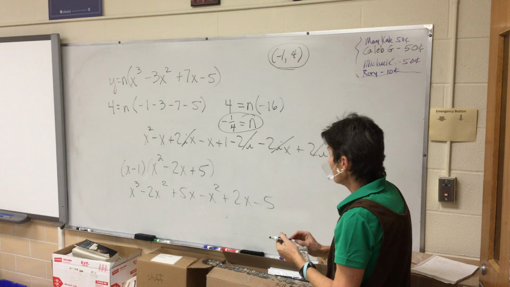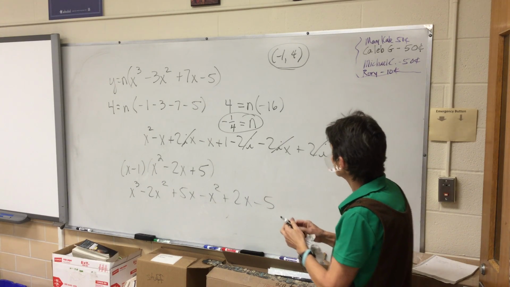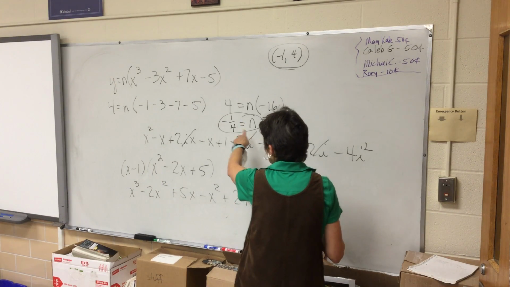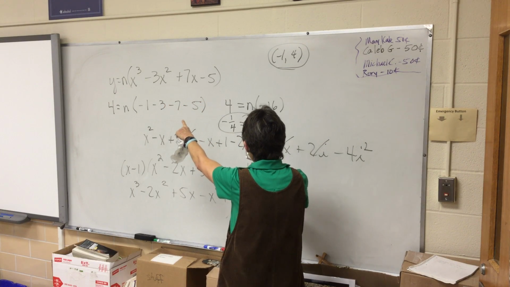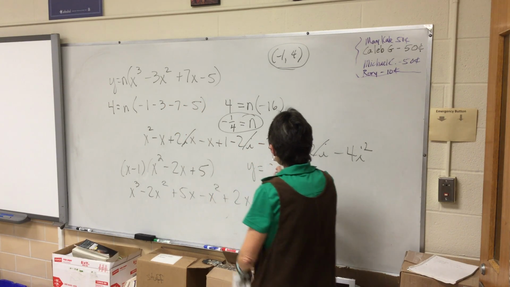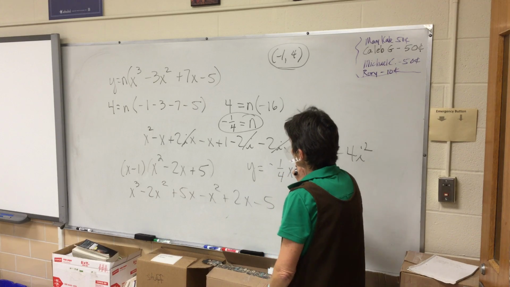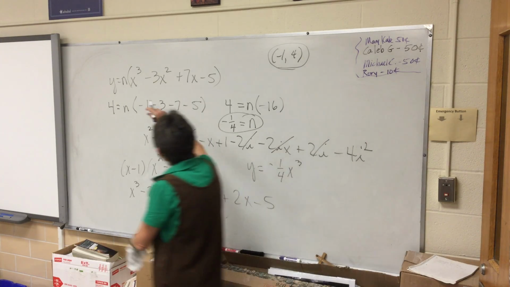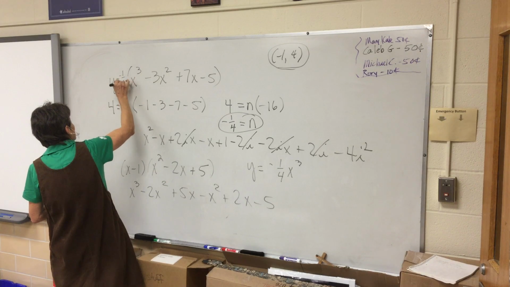So then I'm ready finally for my final answer. So I take that negative 1/4 and distribute it. So y equals negative 1/4 x cubed. This is going to be a negative 1/4 here.